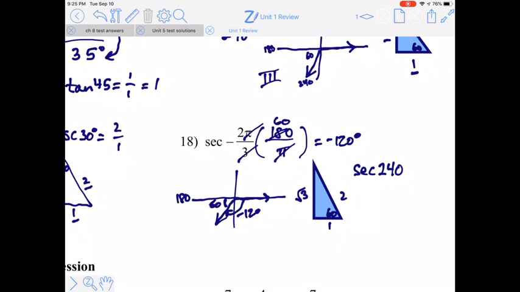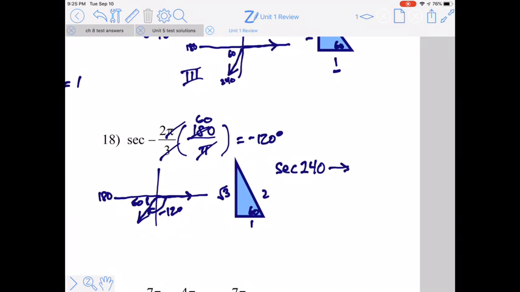I'm going to change that to the secant of its reference angle, which is 60. So the secant of 60, secant is the reciprocal of cosine, and the definition of cosine is adjacent over hypotenuse, so the reciprocal of that would be 2 over 1. And since we're in the third quadrant, the only two trig functions that are positive in the third quadrant are tangent and cotangent, so that means secant is going to become negative in the third quadrant. So the answer here is going to be negative 2.